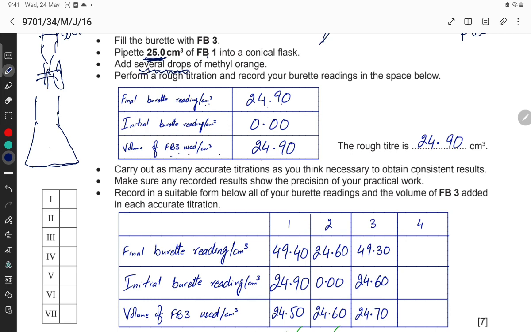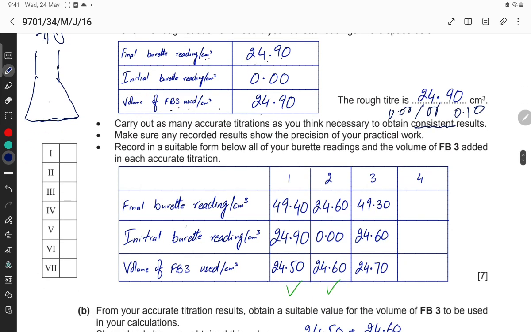Consistent means concordant: the difference between two readings is 0.00 or 0.10, not more than 0.10. The first row is the final burette reading, centimeter cube is the unit, the second row is the initial burette reading, and centimeter cube is the unit.